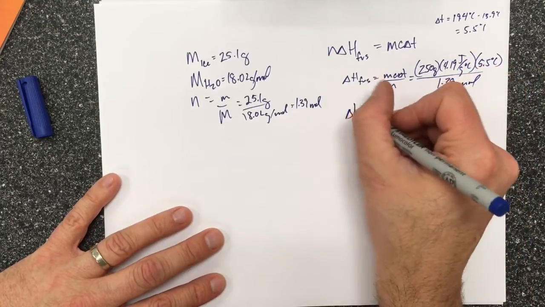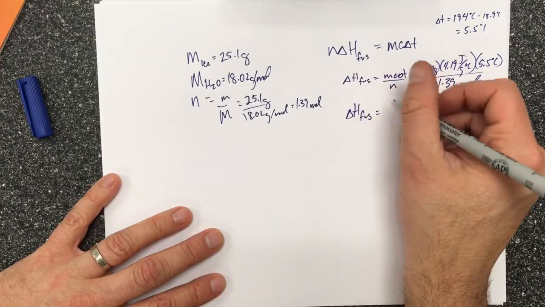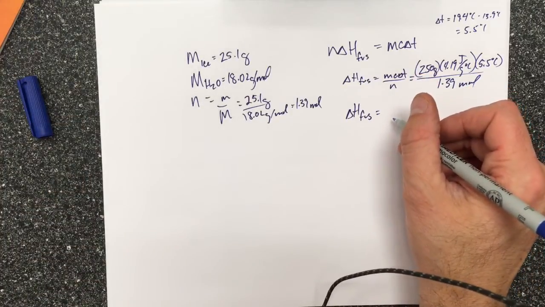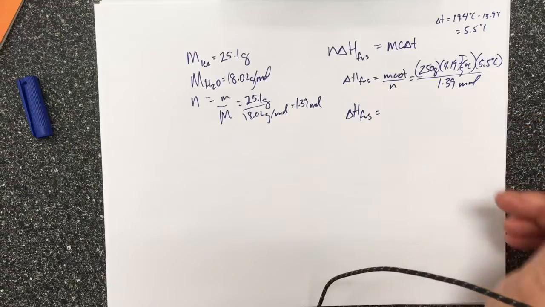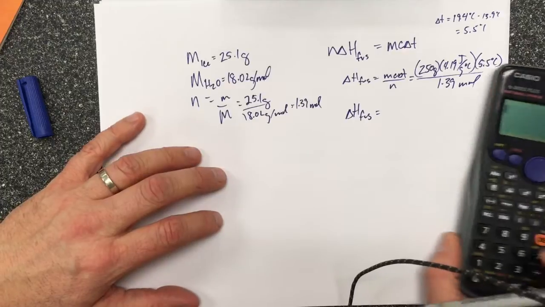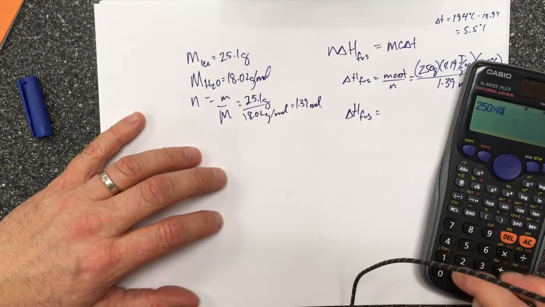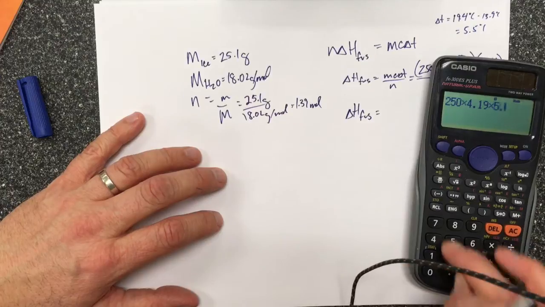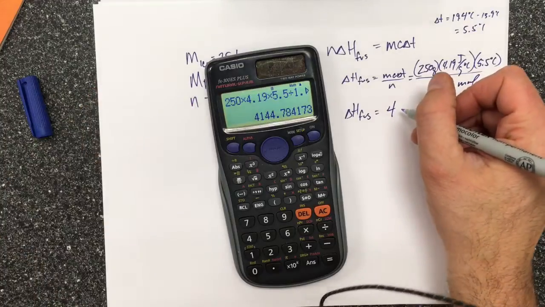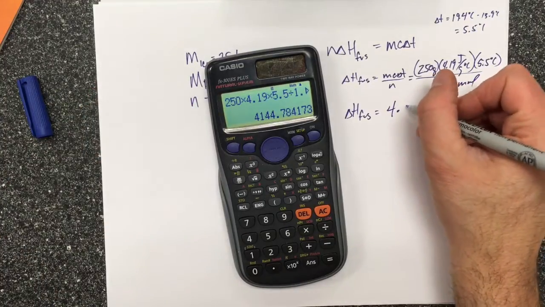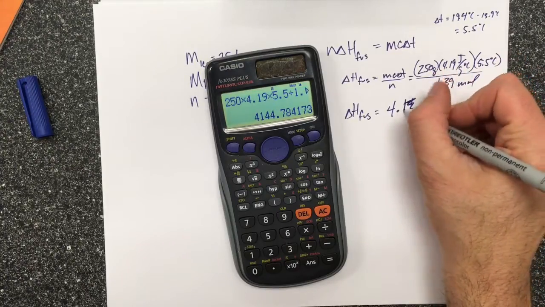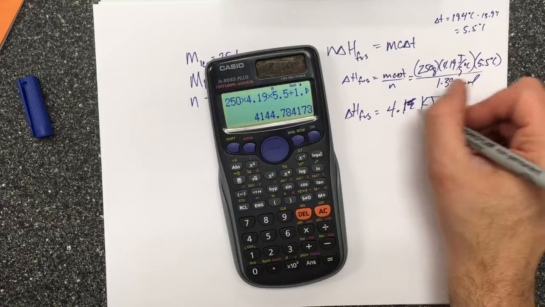So my molar enthalpy of fusion is 250 times 4.19 times 5.5 divided by 1.39, and we get 4,144, so 4.1, because I have two sig digs, 4.1 kilojoule per mole.